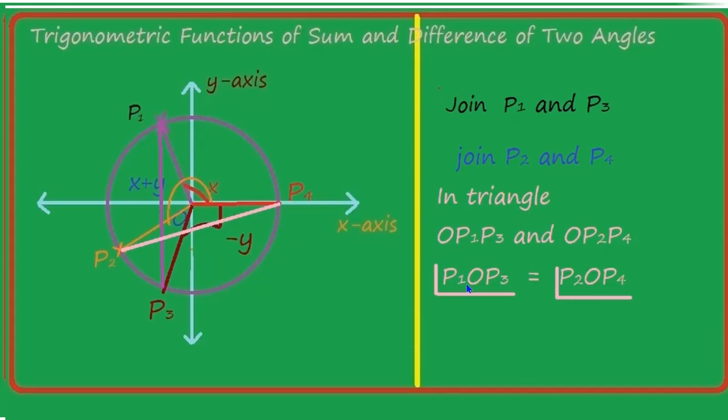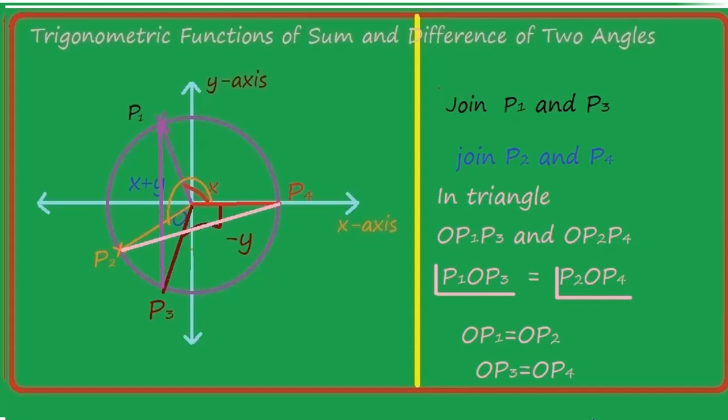Therefore angle P1OP3 is equal to angle P2OP4, and this result you have to observe carefully, and that is the very important part. The rest of the things are very simple. And what is OP1? OP1 is equal to OP2, because both are radii of the circle, and similarly OP3 is equal to OP4.